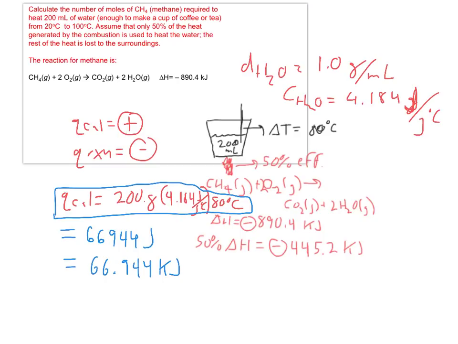So we have our reaction equation, we have our reaction enthalpy, and the question's wanting to know what is the number of moles of methane required to generate that much heat.